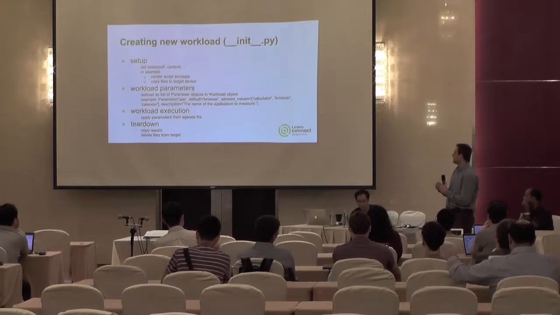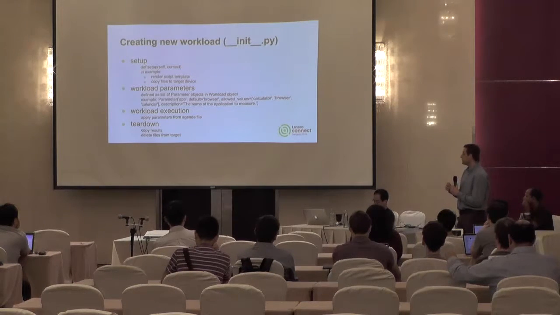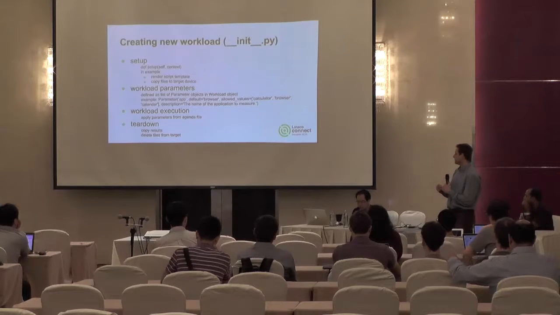So there are bits to fill in there. The first thing is to define how to set up the workload. In our case, we needed to prepare a shell script, and shell scripts can be created on the fly from pre-existing templates. Then the shell script needs to be filled in with some values that you pass from the command line.